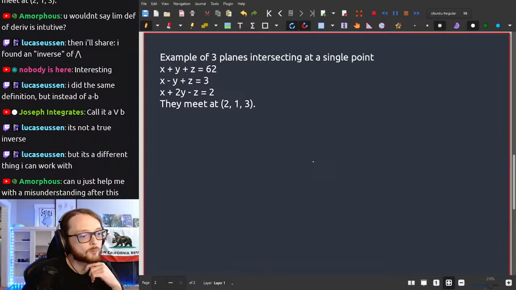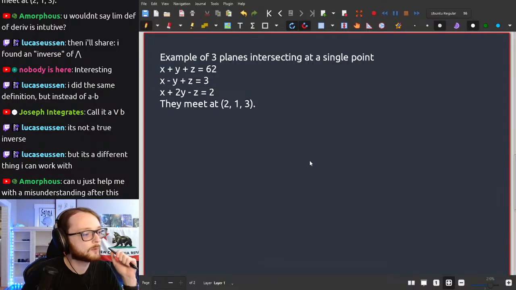Yeah, sure, amorphous. So yeah, nobody's here. Like, what do you want to hear about this problem? Do you want me to just show you how you would solve it, or is there something else that you're trying to get at here?